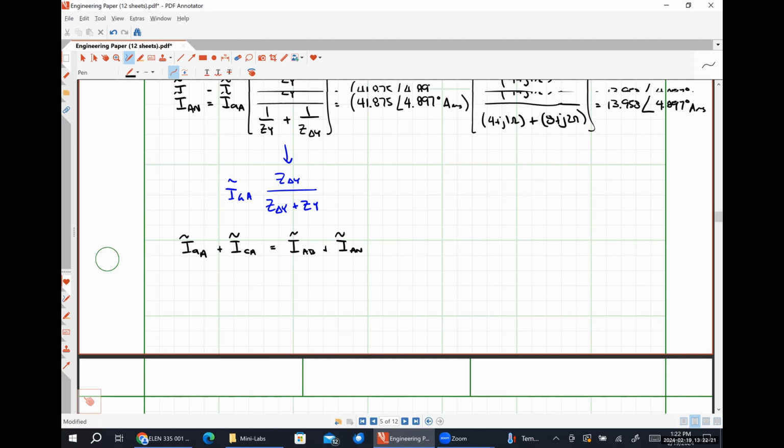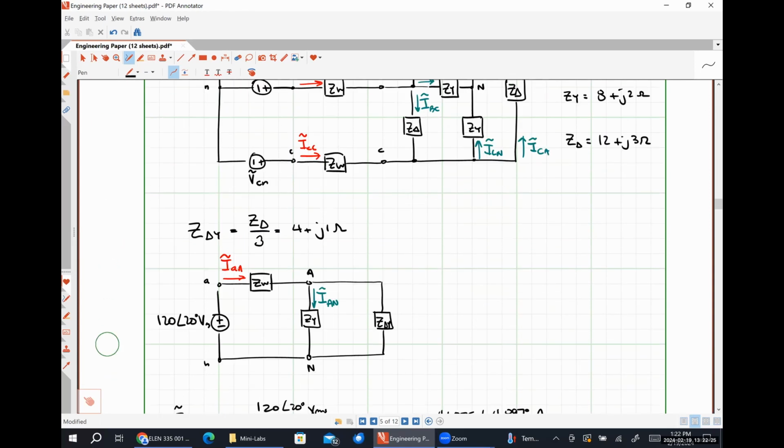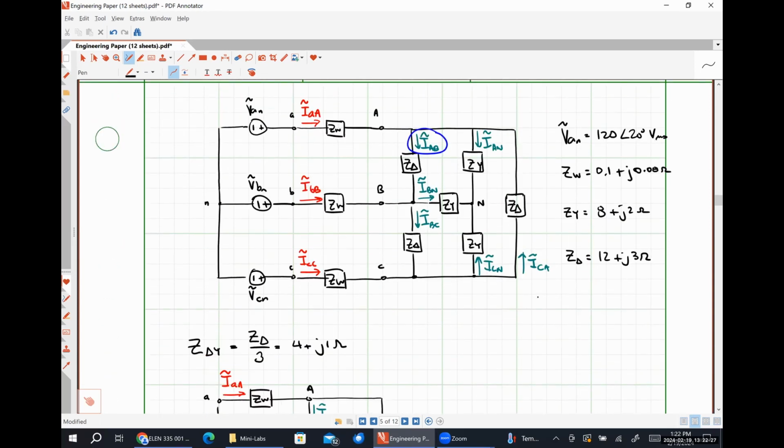Anything wrong with my KCL equation? Want to scroll back up so we can see it, make sure everything's on the up and up. Currents flowing in equal currents flowing out. That's KCL all day long, right?